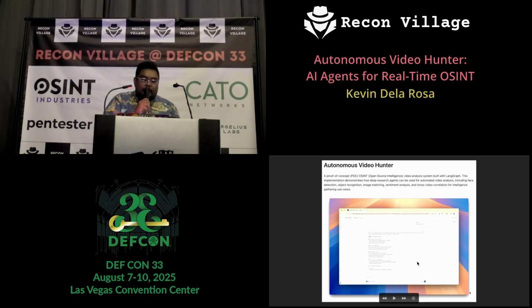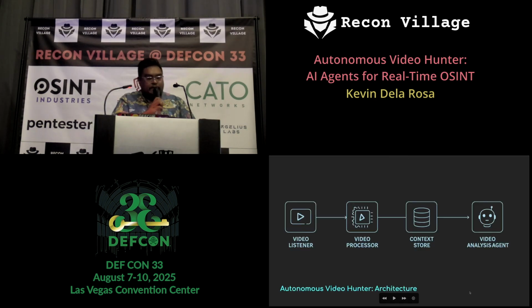Within this AI agent, I have these different tools, and it creates a plan of attack based on what you want to target, executes the tools at the right time, and then synthesizes a report about the intelligence that you wanted to gather.